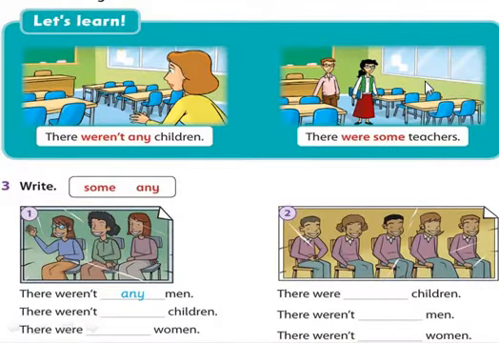So, pupils, please open your class book, page number 109, and look at exercise 2. There weren't any children. You cannot see any children there, right? So there weren't any children.